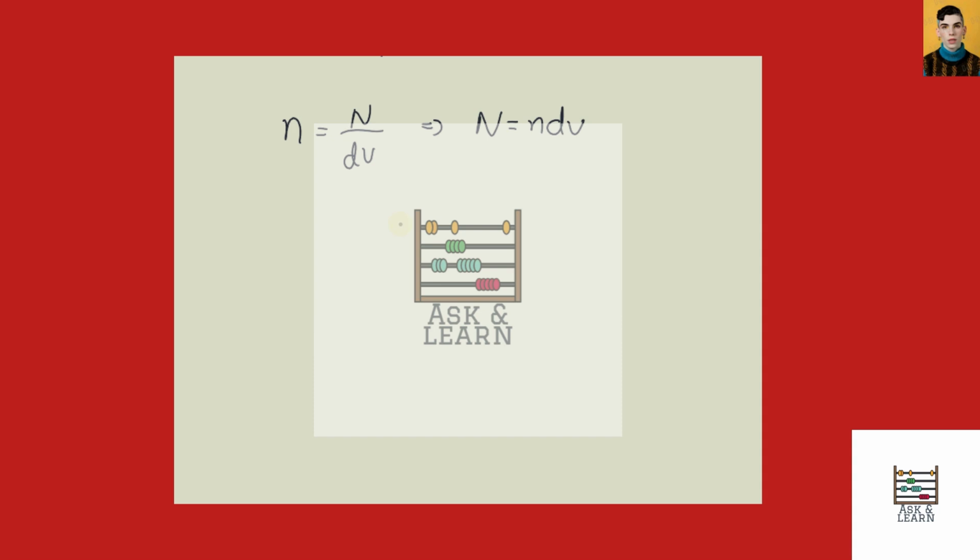Now we can take this, and dB will be equal to mu naught divided by 4 pi into q times v divided by, let us consider that this element is at a distance x, x square, into n times dv.